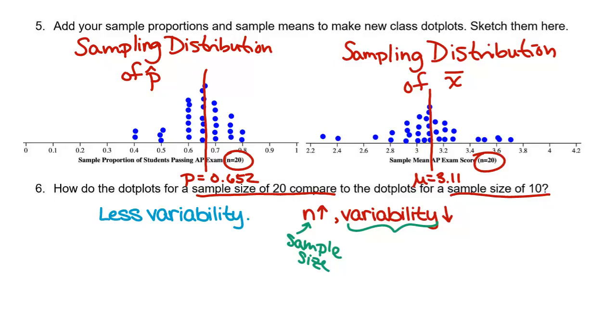Most of the time, we use standard deviation for that. When the sample size goes up, the spread goes down. Variability goes down.